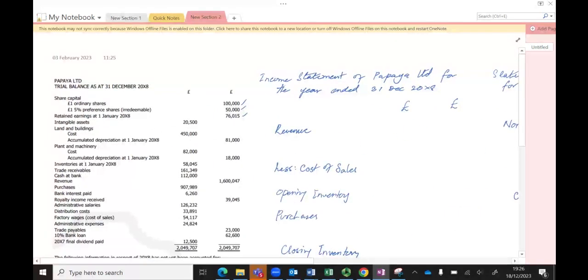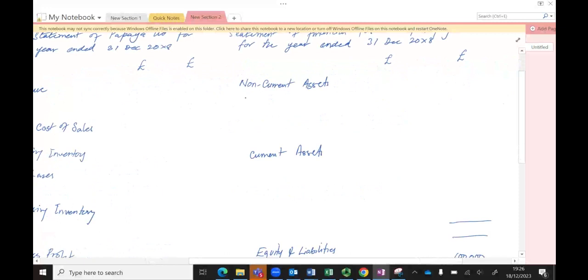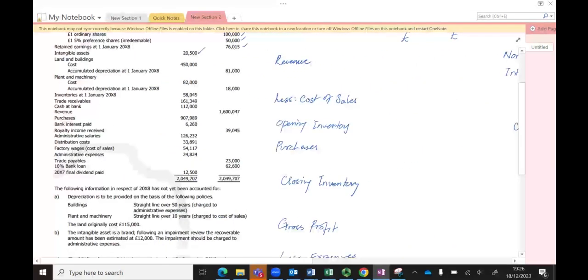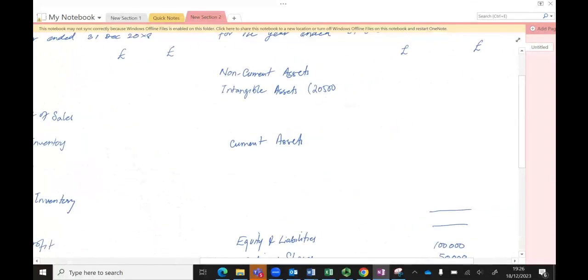Next, I have intangible assets of 20,500. Next, I have land and building cost 450,000, accumulated depreciation 81,000.